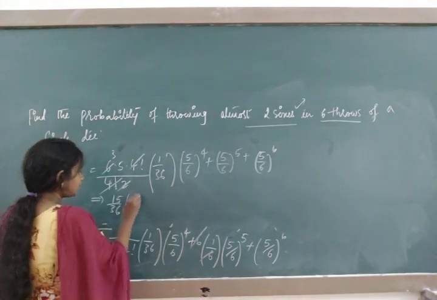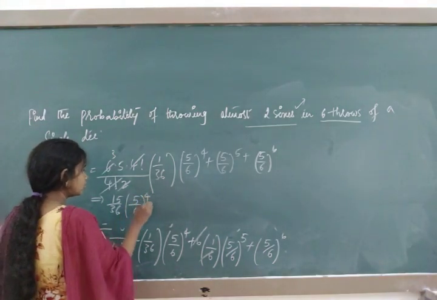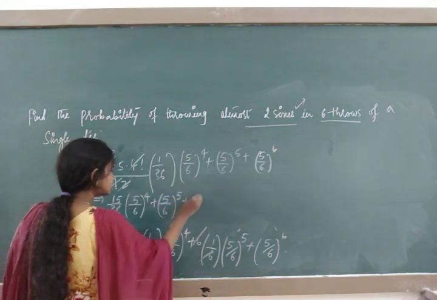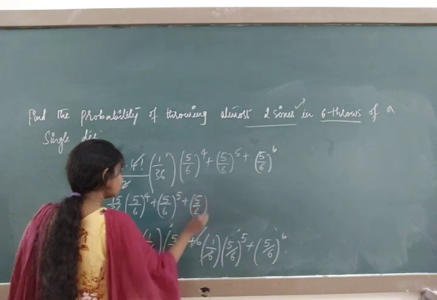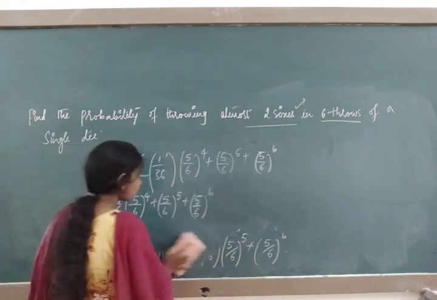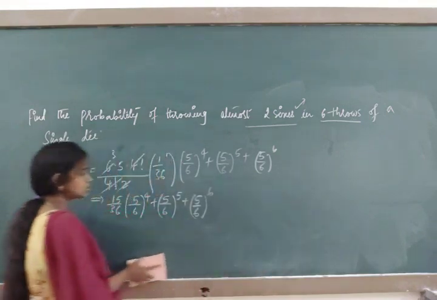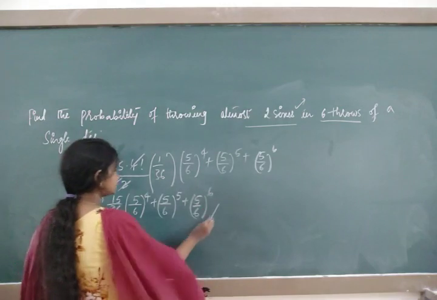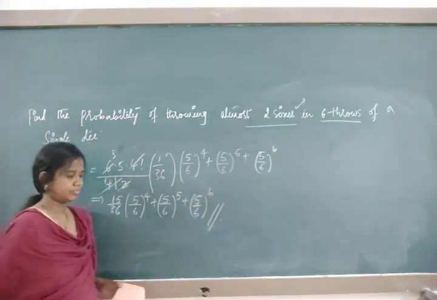So 5 by 6 whole to the power of 4 plus 5 by 6 whole to the power of 5 plus 5 by 6 whole to the power of 6. See, if you want, you can take 5 by 6 whole to the power of 4 as a common factor, because that is the least power, or else you can leave it as it is.